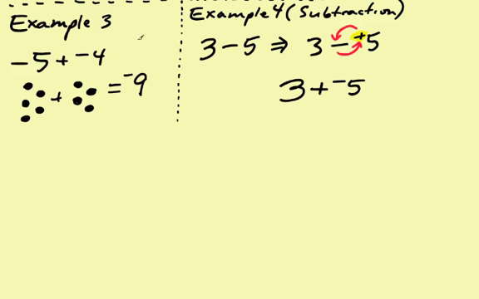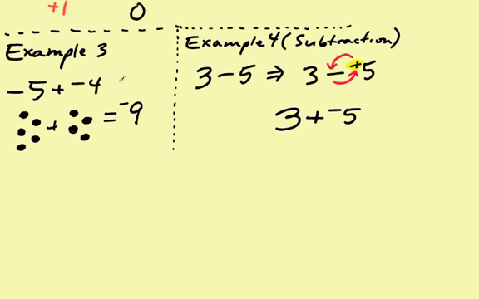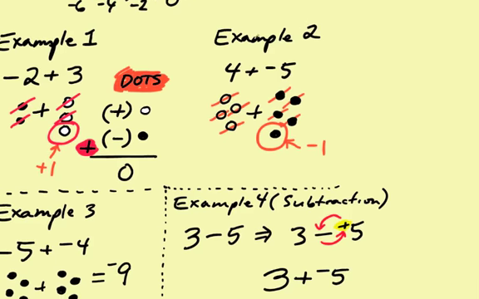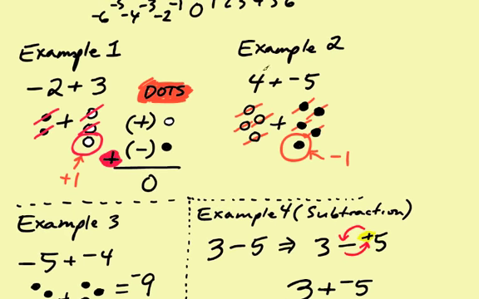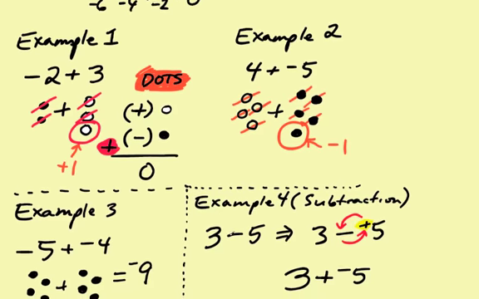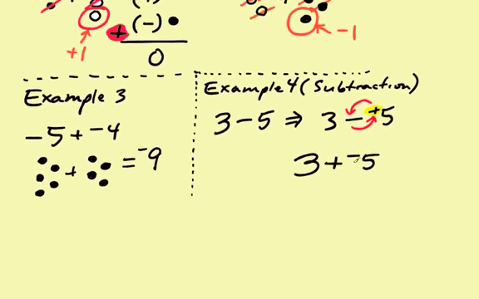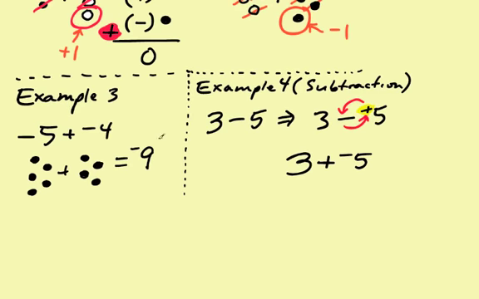Well, we've already gone over this type of problem. We've already gone over addition of positive and negative numbers, and let me pull that up. We went over that in example 2, a positive 4 plus a negative 5. So this one, in this case, is a 3 plus a negative 5. I'll use my dots again, but the big thing is switching.